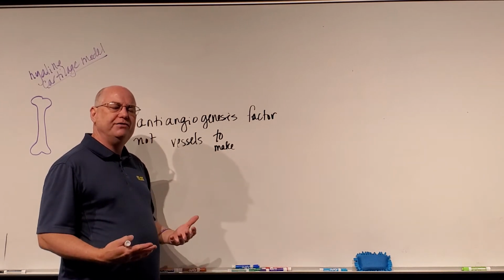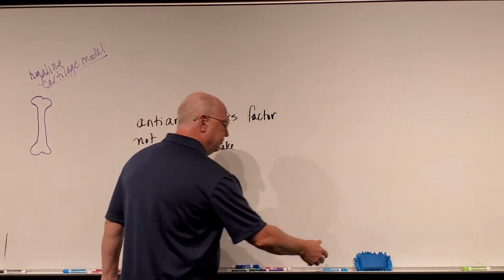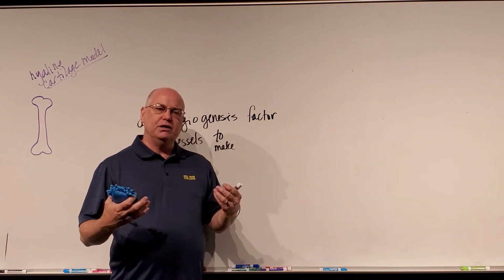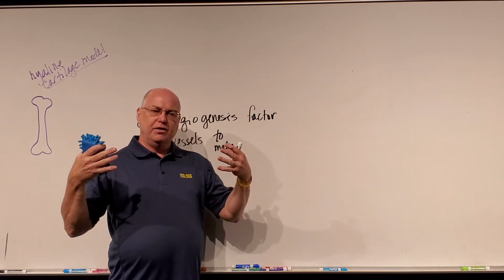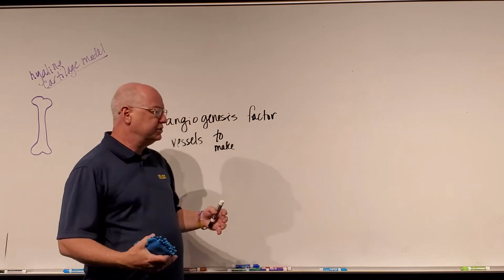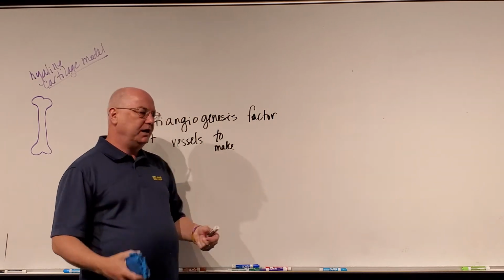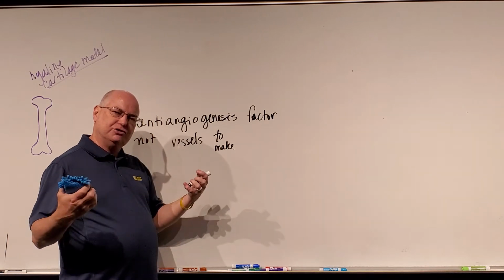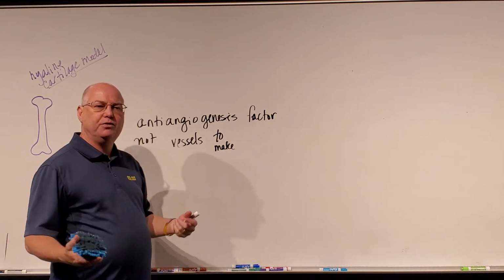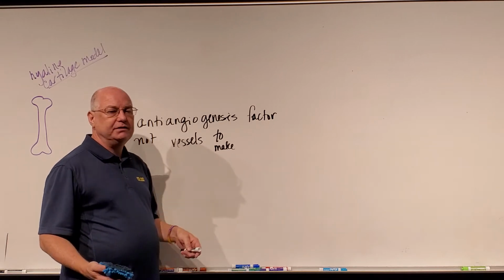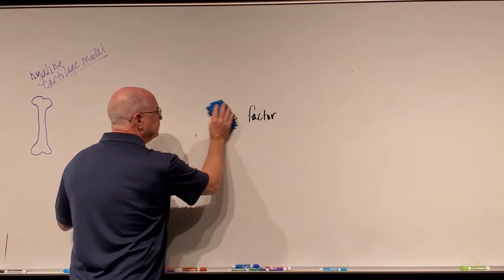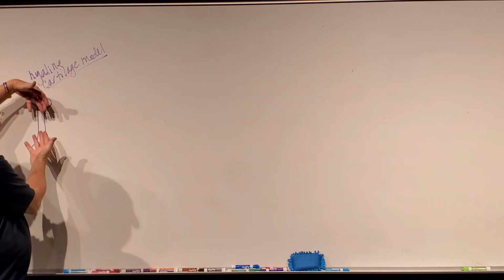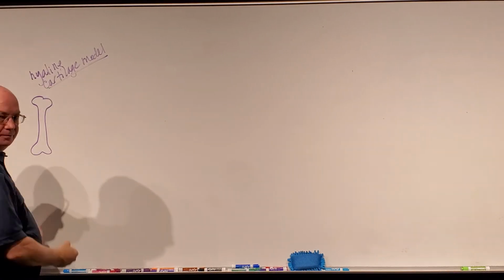But it's another avenue to attack cancer because cancer cells divide so rapidly and so much, they require a high volume of blood and nutrients and ions, and so they develop their own blood supply. And if we could inject this directly into the tumor, we could cause the blood vessels to retract. Would the tumor stop growing? And there's some evidence that maybe it does. Okay. Anyway, so anti-angiogenesis factor will eventually cause all the blood vessels that are growing in here to disappear.